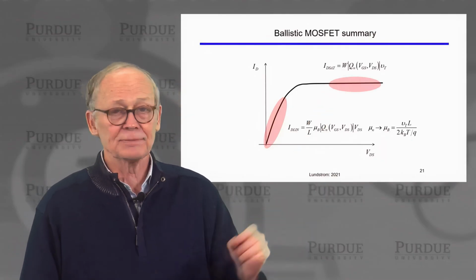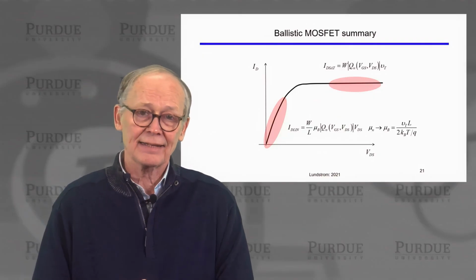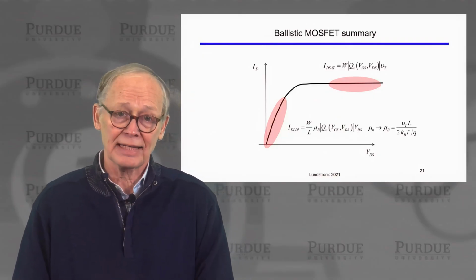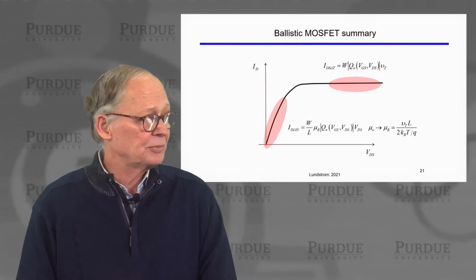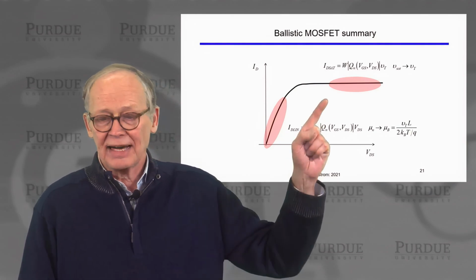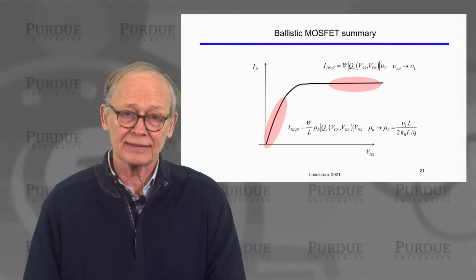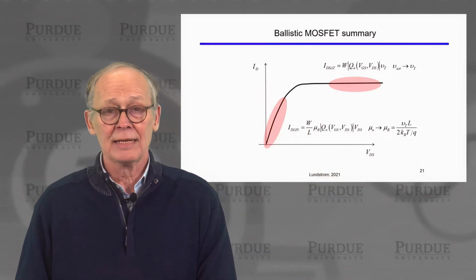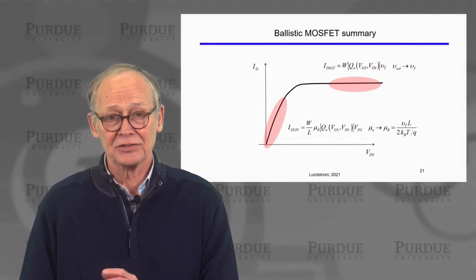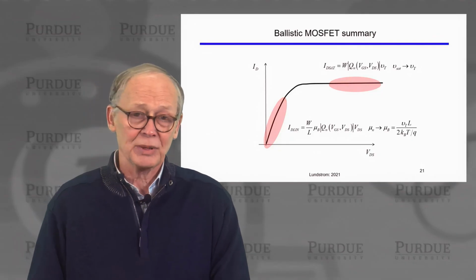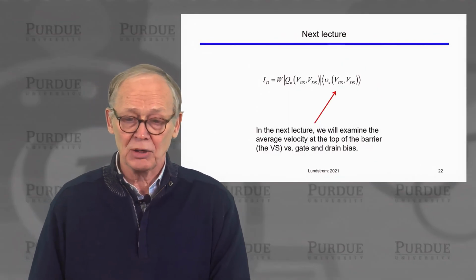The saturated current looks exactly like the saturated current in the velocity saturation model, the traditional model, except we've replaced the high field saturation velocity of electrons in bulk silicon by the unidirectional thermal velocity of electrons in silicon. So we have a simple theory for the ballistic MOSFET.